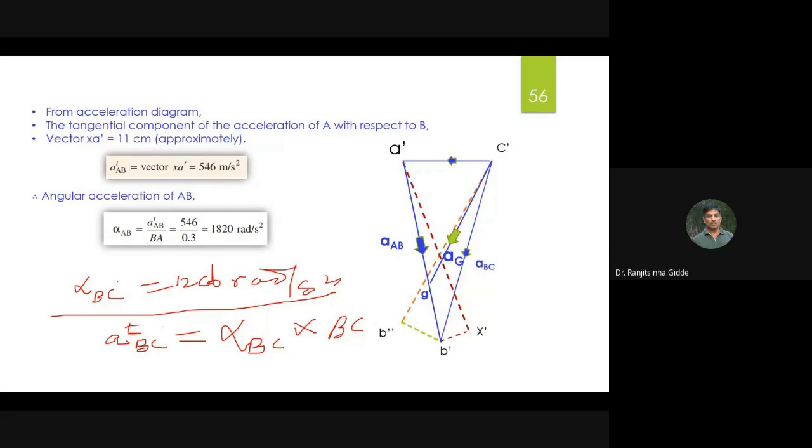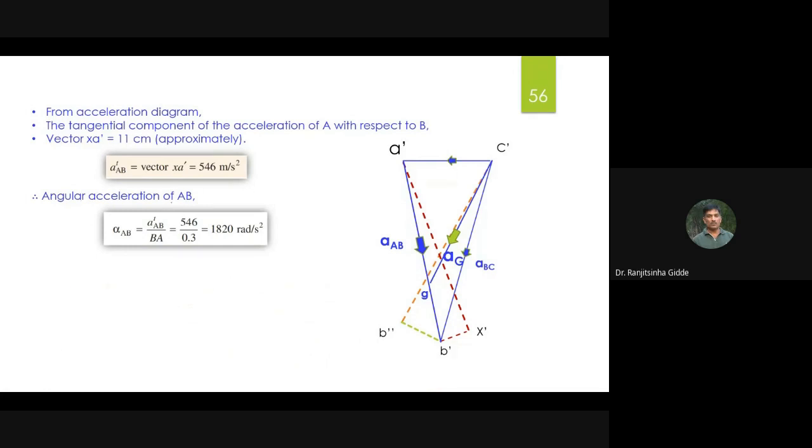To calculate this ATBC, alpha BC is required. As alpha BC is given, we have calculated this. Otherwise, vice versa, how can we find alpha BC? ATBC divided by BC. This way.